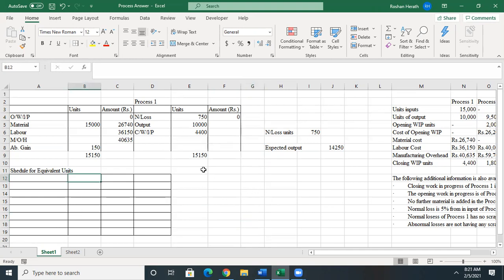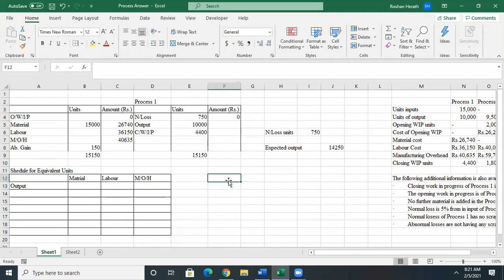Here you need to take the main cost items, the cost components: the material, labor, and also the manufacturing overhead. Then you need to take the output. When it comes to the output, it is 100% completed with respect to each of these units.